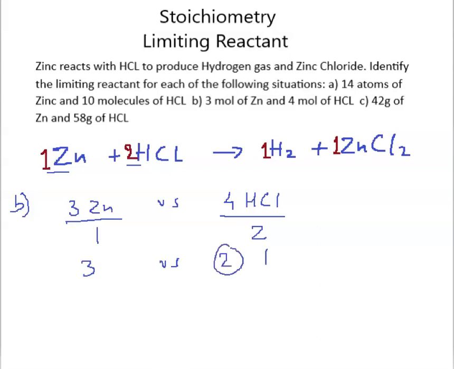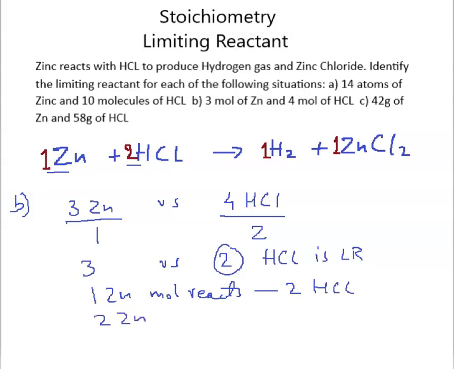Again, HCl is the limiting reactant, because if we write a chart, let's say 1 zinc mole reacts with 2 HCl, 2 zinc reacts with 4, and then 3 zinc, we should get 6, right?